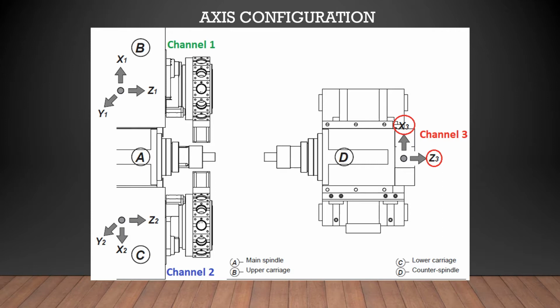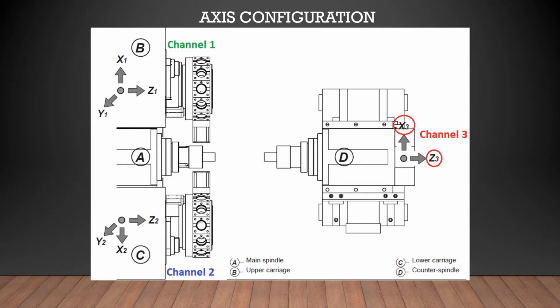So the Rapido with 2 turrets, you see 2 turrets here, and the upper turret, the turret up on top, is controlled by channel 1, a separate program, and the lower turret is controlled by channel 2, and then the subspindle is controlled by channel 3.